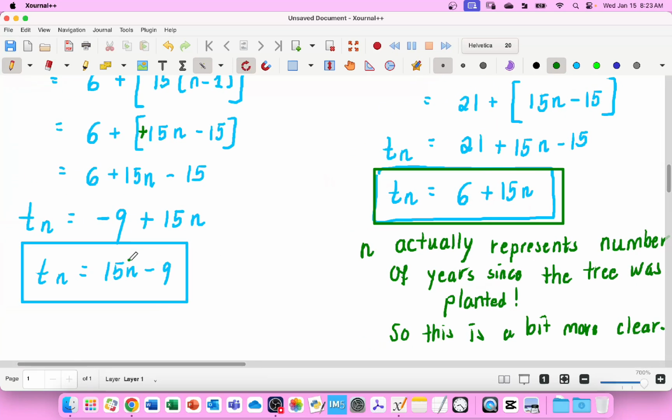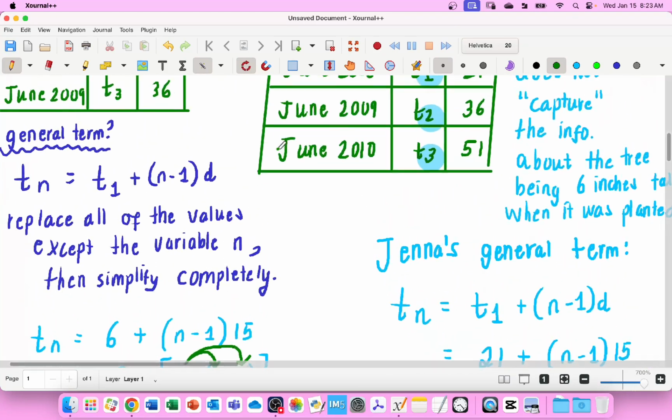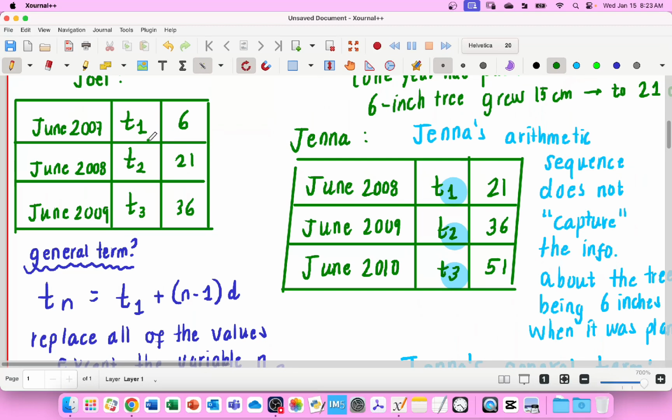So that's why these two general terms are different. n is representing different things. It's hard for me to say what n is representing in Joel's, because it's not how many years have passed, but really just the position in the sequence.